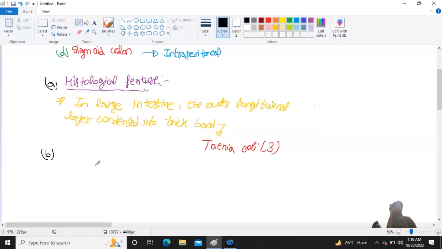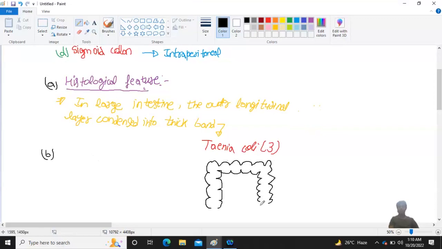Basically, we have drawn the curvature of the colon like this, with sacculations like these sacs. These are single segments. These are called haustrations and sacculations.